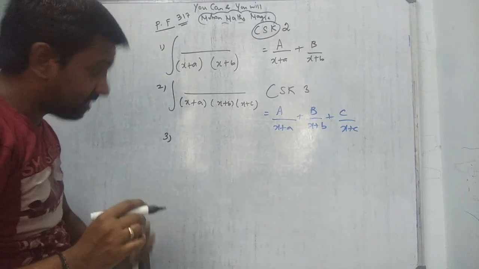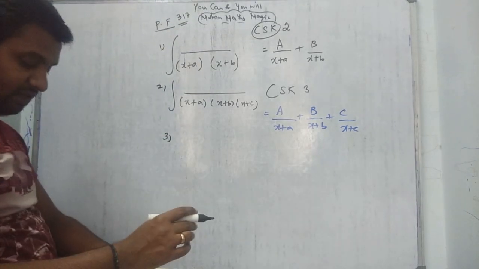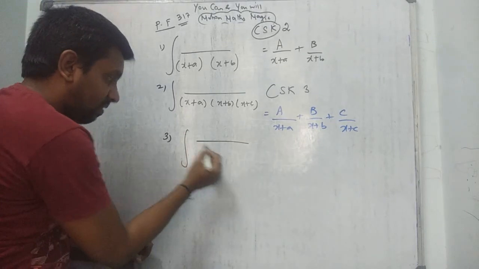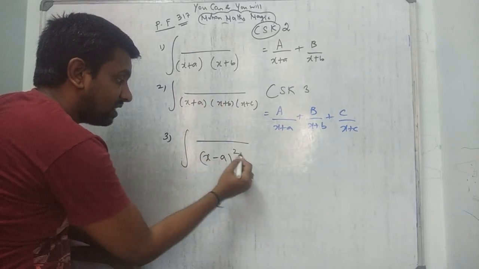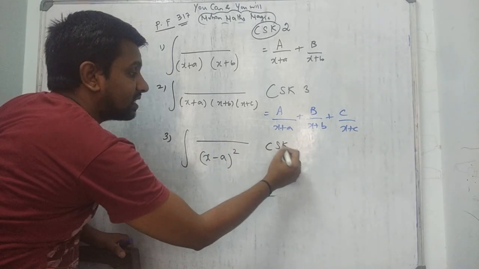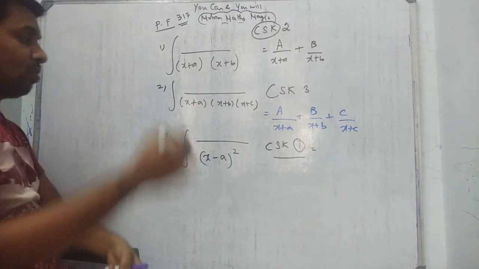Now CSK1. CSK1 is if any integration has a denominator with a whole square, not a single term, not x square, but a whole square. What do I do with CSK1?